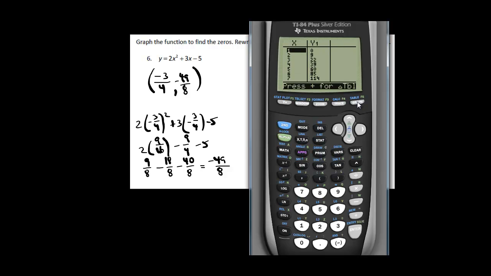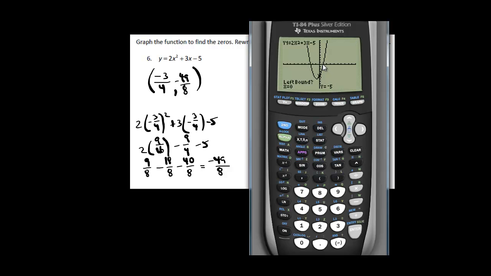Hit the table. The table only actually gives us 1, 0. It doesn't give us the other zeros. To find the other 0, we could do second trace 2.